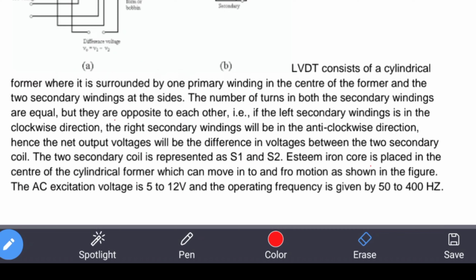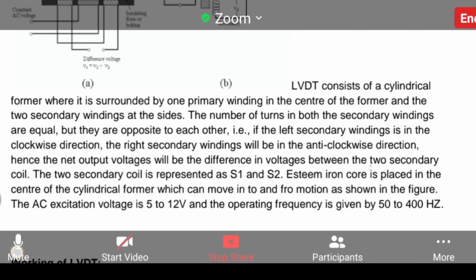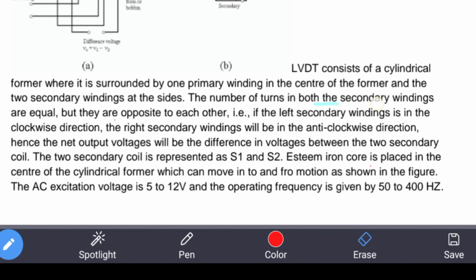In the construction of LVDT, the number of turns on both secondary windings is equal, but they are connected opposite to each other. That is, if the shaft moves the left secondary winding in the clockwise direction, the right secondary winding will be in the anti-clockwise direction.